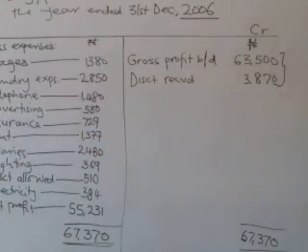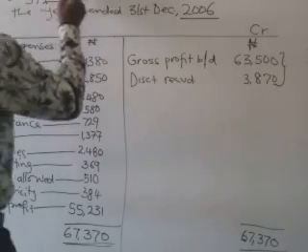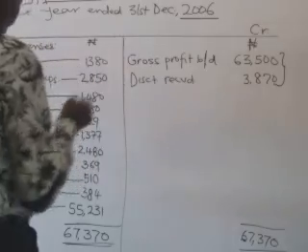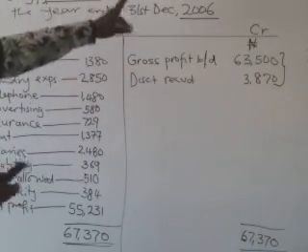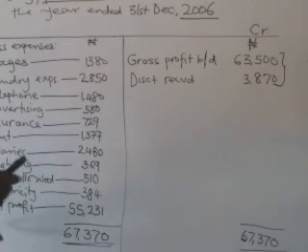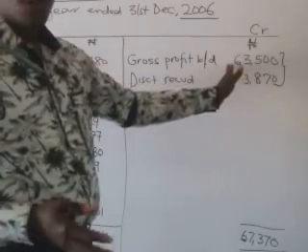So for your net profit, and mind you, what you have just done here is the profit and loss account. You just extend the line from the one we did last class downward, from where you get the net profit. The net profit here is derived after deducting all the expenses from the total of the items on the credit side.